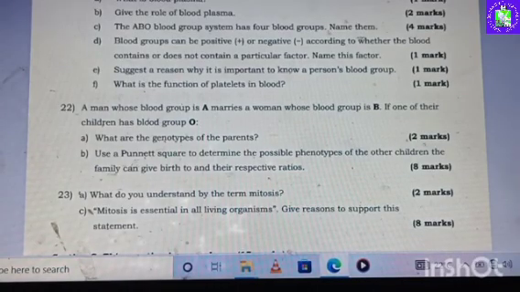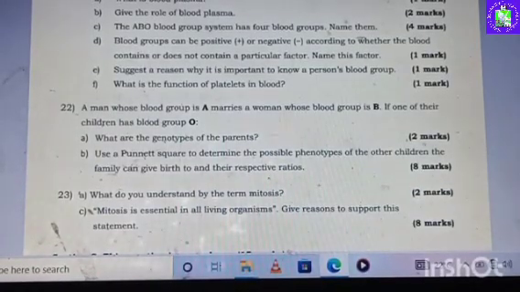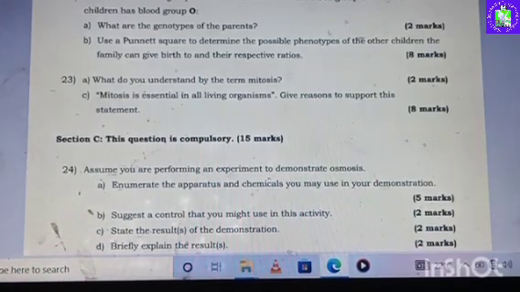Question 23. What do you understand by mitosis? That is the type of cell division where we produce two identical daughter cells. When you say two identical daughter cells, here you have 2N and 2N.